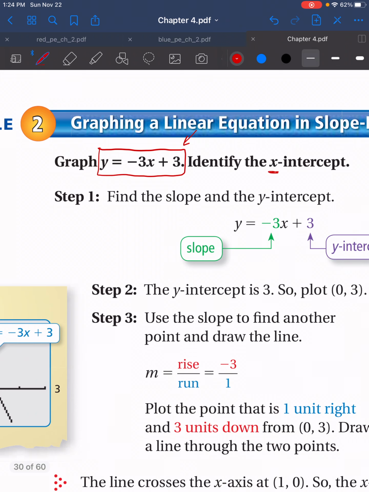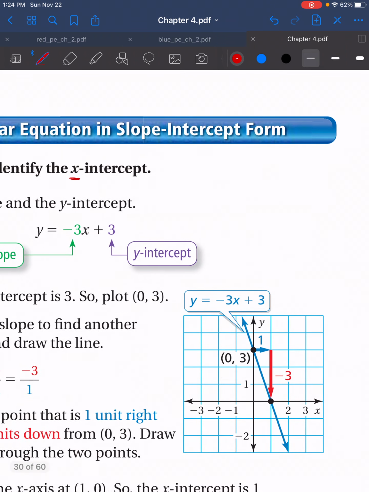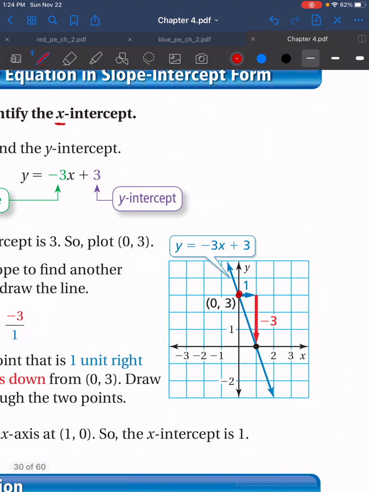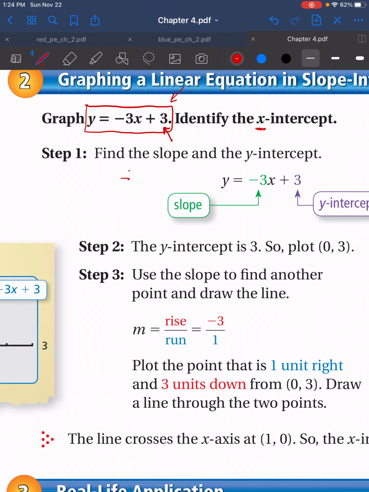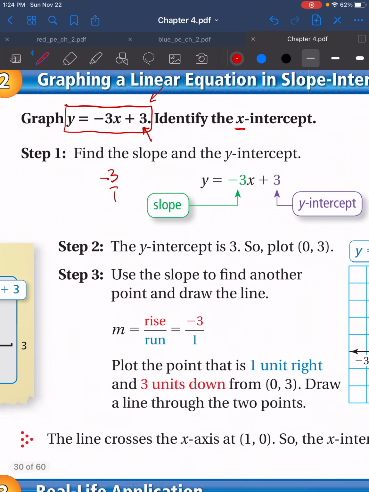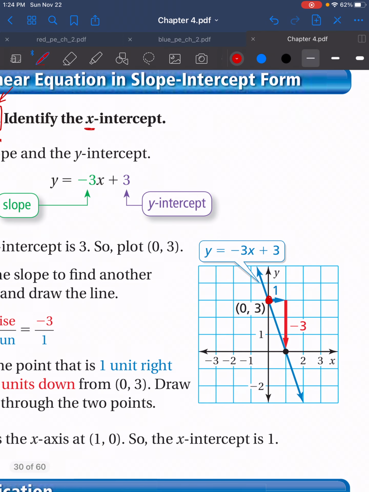When you graph this, you would start at 3 on the y, and that's what they did. Started at 3, and then the slope is negative 3 over 1, which means down 3 over 1. So they went down 3, 1, 2, 3, over 1. And as soon as you find where it hits that x-axis, that's what the x-intercept is.